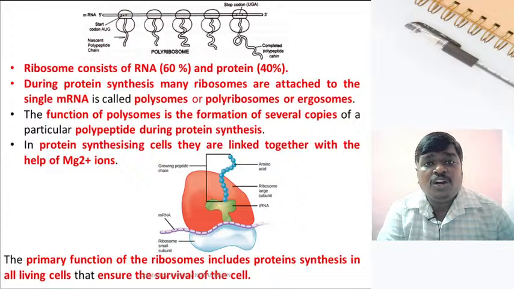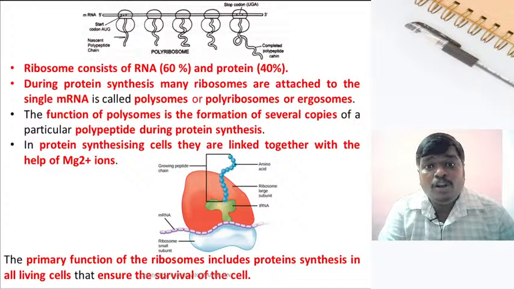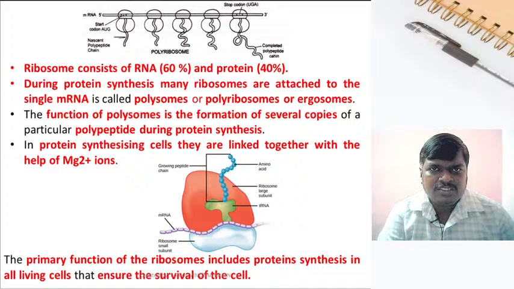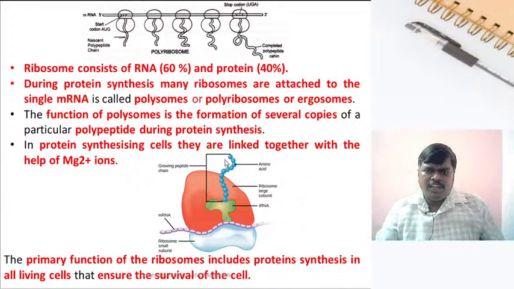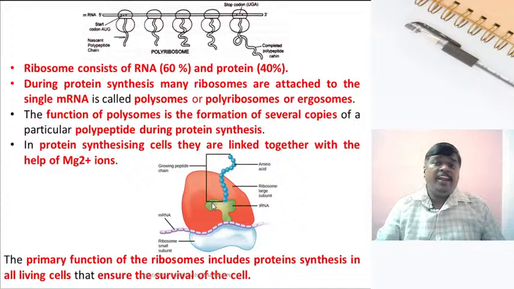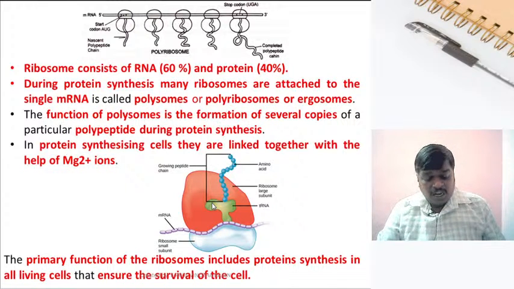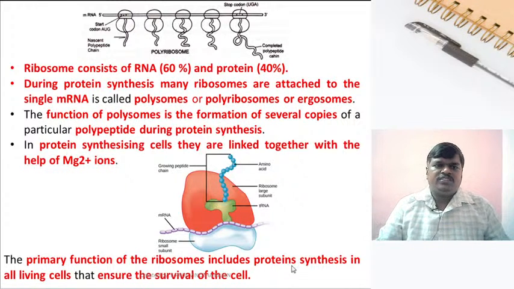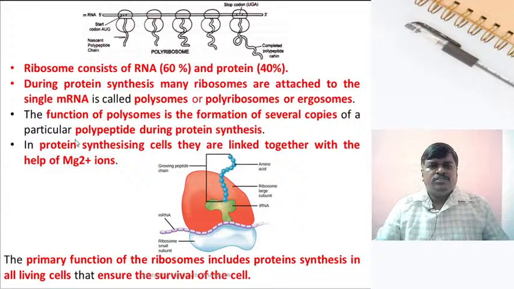The function of these polysomes is mainly production of protein from amino acids. Many amino acids are linked by peptide bonds and they form the proteins. And here the linking together is done by Mg2+ ions.